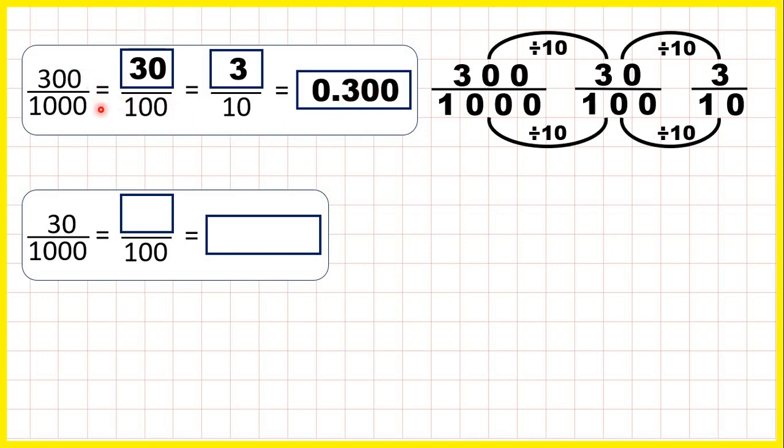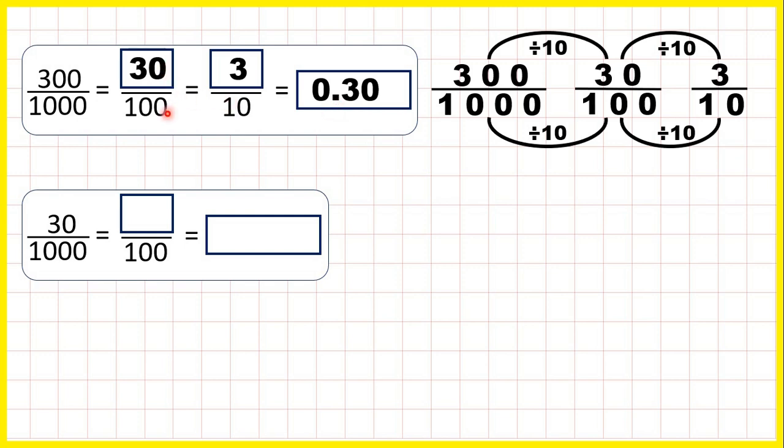But 300 thousandths is equivalent to 30 hundredths, and we can write 30 hundredths as 0.30. The denominator of 100 tells us that we can't go past the hundredths place, so we can only have 2 digits after the decimal point.